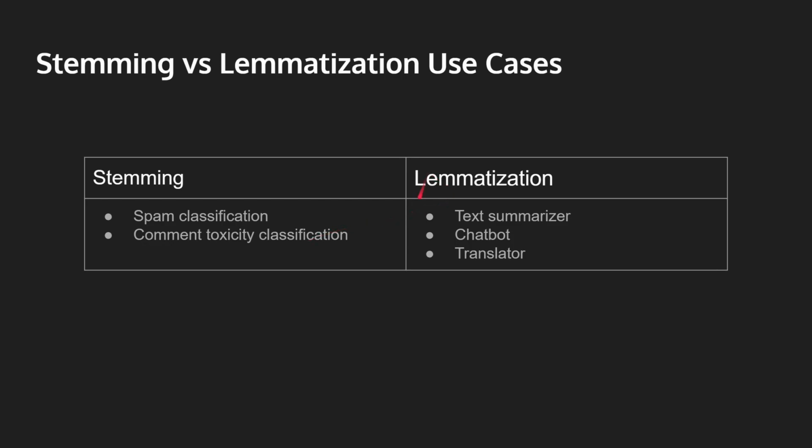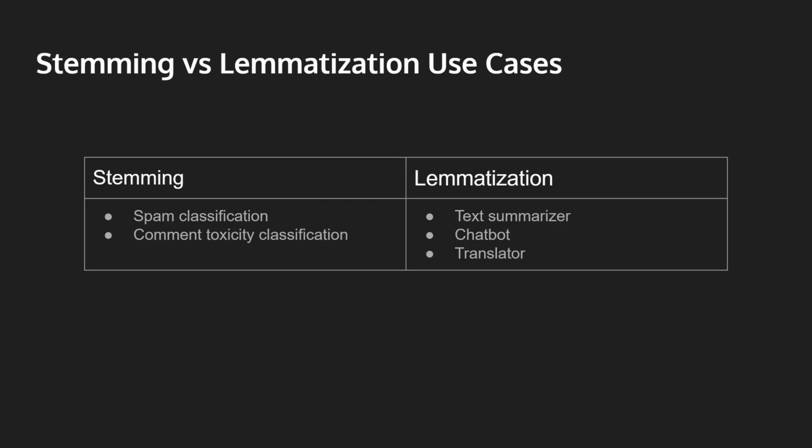But for lemmatization, we might use it to summarize text, because we care a lot about the accuracy. We also use it for chatbots, because we want our chatbot to actually give meaningful responses. We don't want it to misinterpret something. And we also use it for translators, which value accuracy a lot.